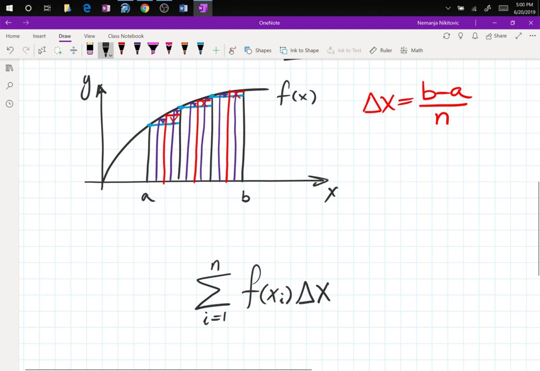You have some finite number of them. So this formula is your formula from last class. And now you send the number of rectangles to infinity, because you want to calculate what we now know as exact area.